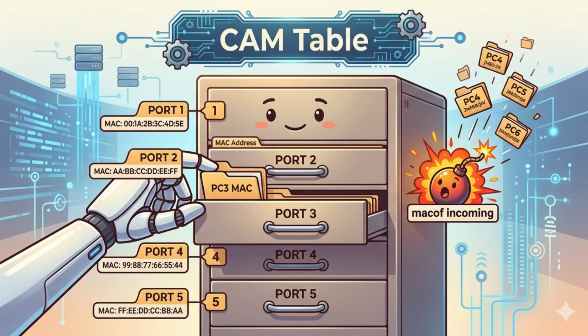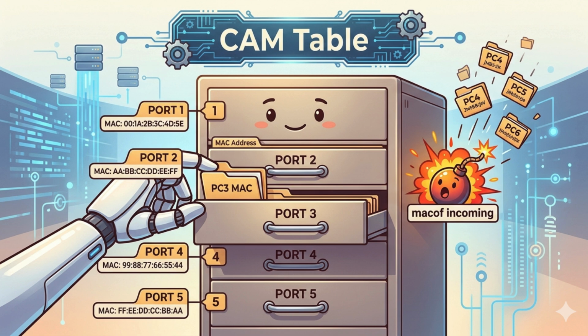Before attacking, understand the victim. A switch learns which MAC address is on which port. It stores this in a decision table called content addressable memory. When a frame arrives for a MAC address, the switch checks its table and sends it only to that specific port.